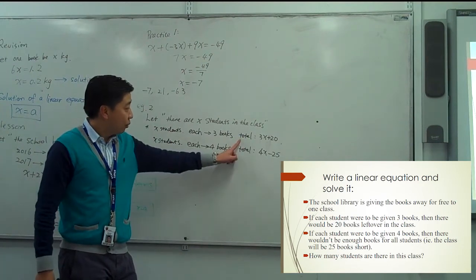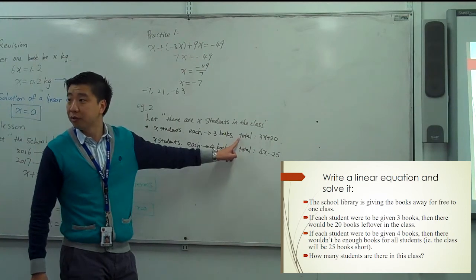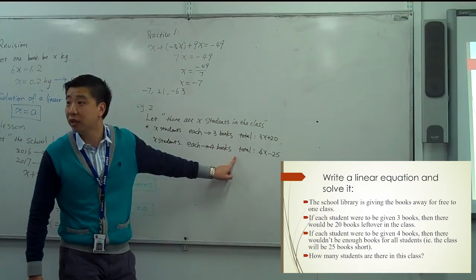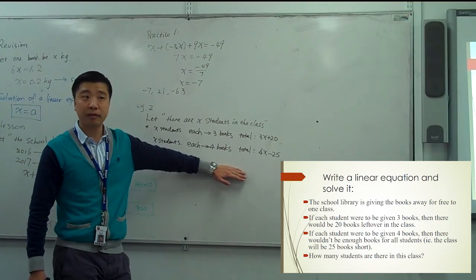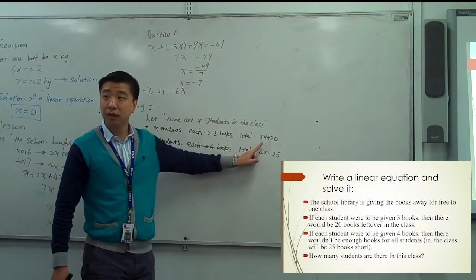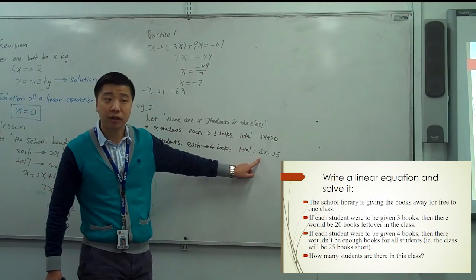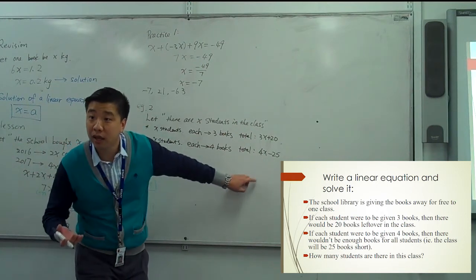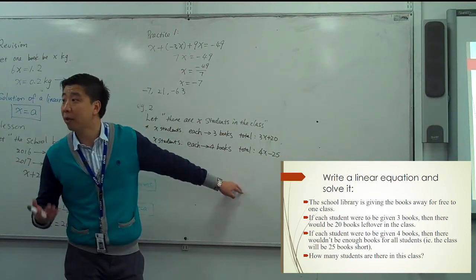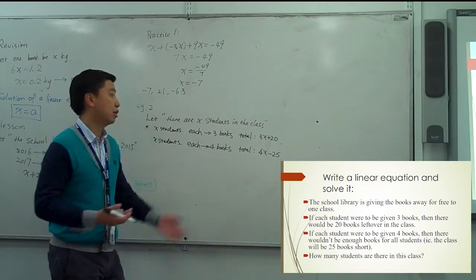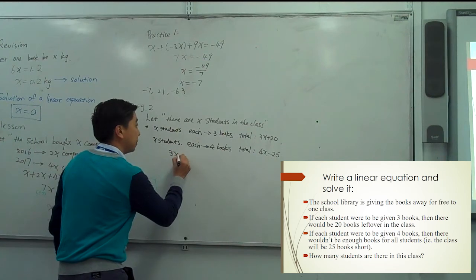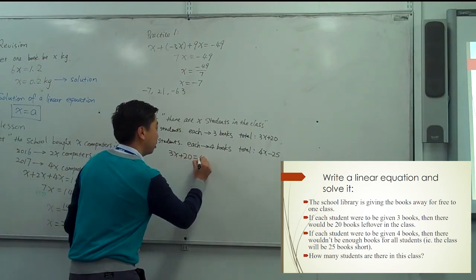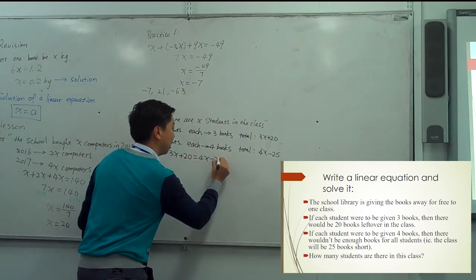Okay, so we can see what the relations are. We want to have a look at the equivalent relations. Which parts are equal? Are they equal? Yeah. Why are they equal? They are all the total number of books. Is that correct? Good. So they are equal. We write the equation now. 3x plus 20 equals 4x take away 25.